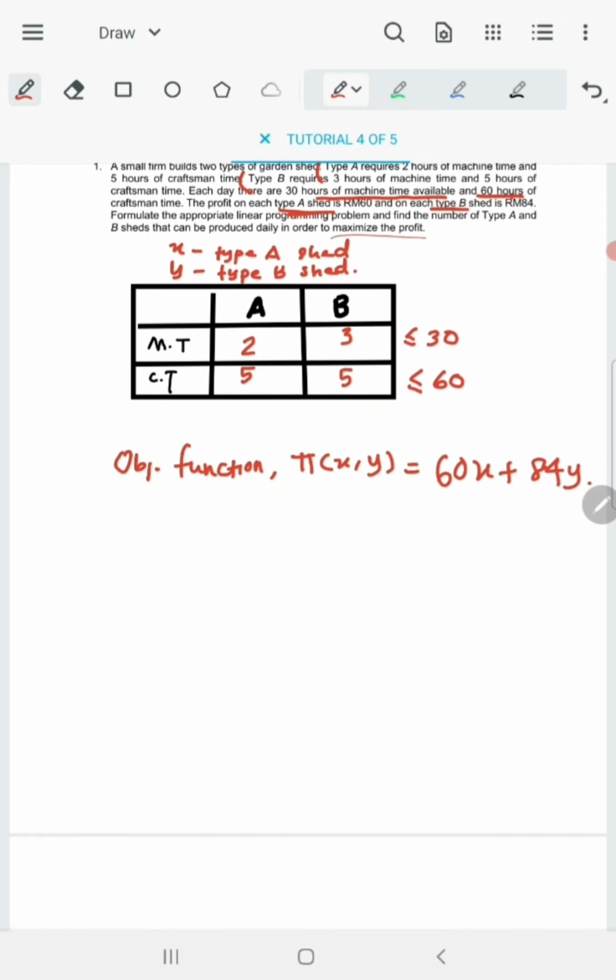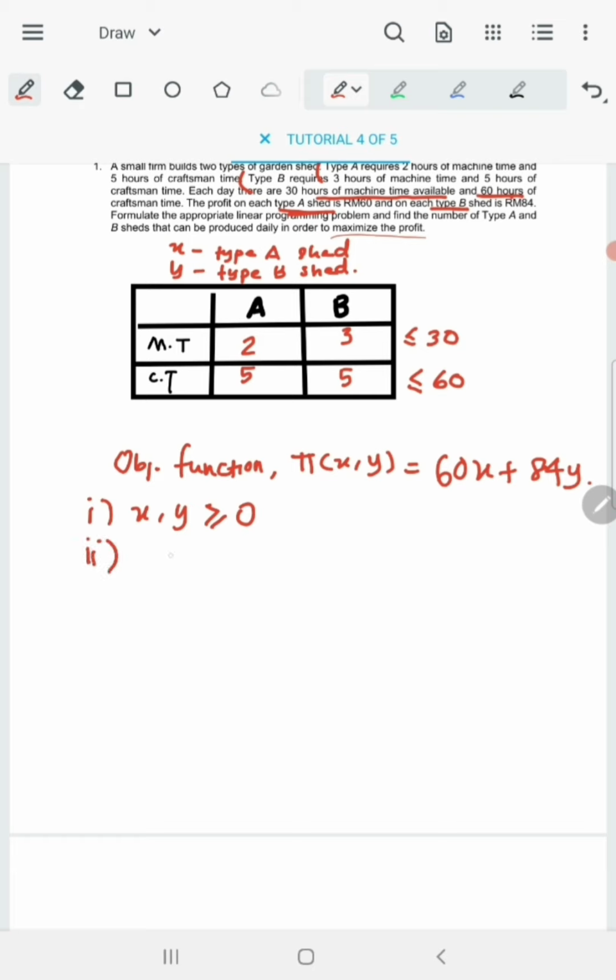So from this, you need to rewrite the constraints. The objective function is here, and then the constraints. The first inequality will be x and y must be greater than or equal to 0 because x and y are quantities.